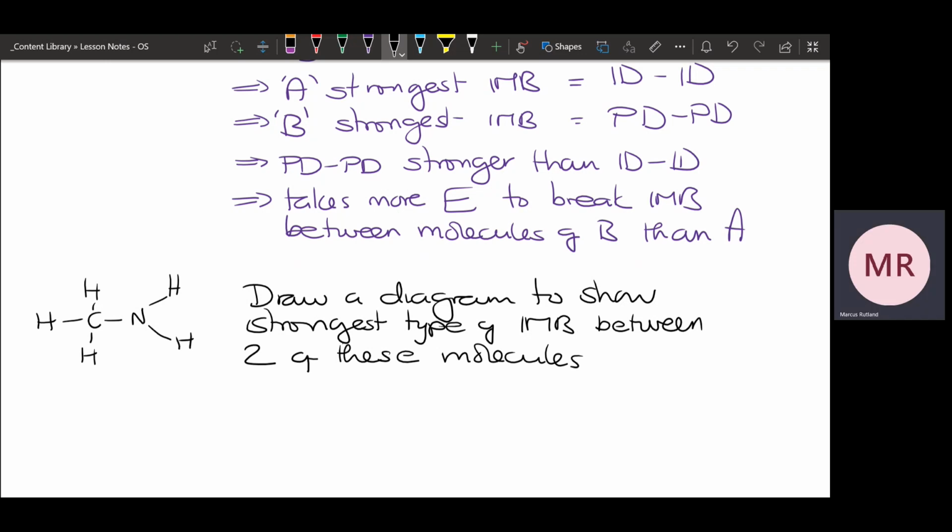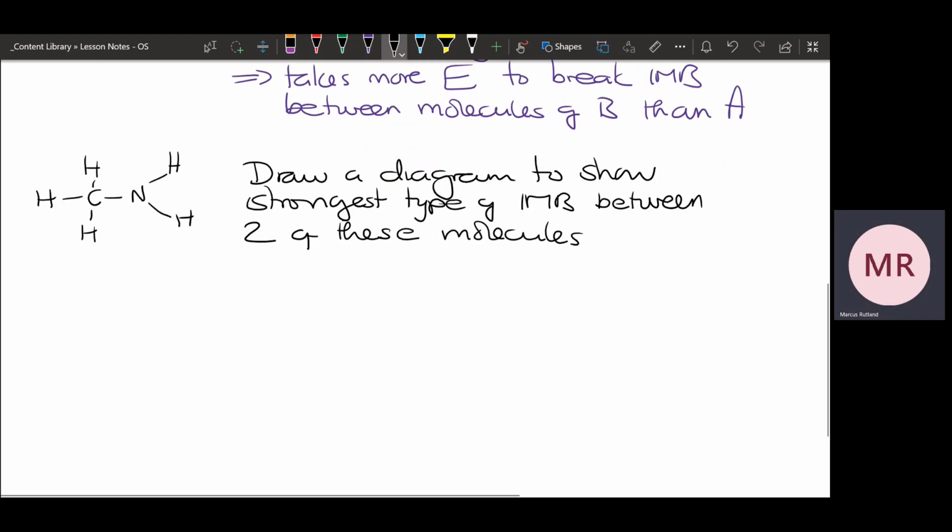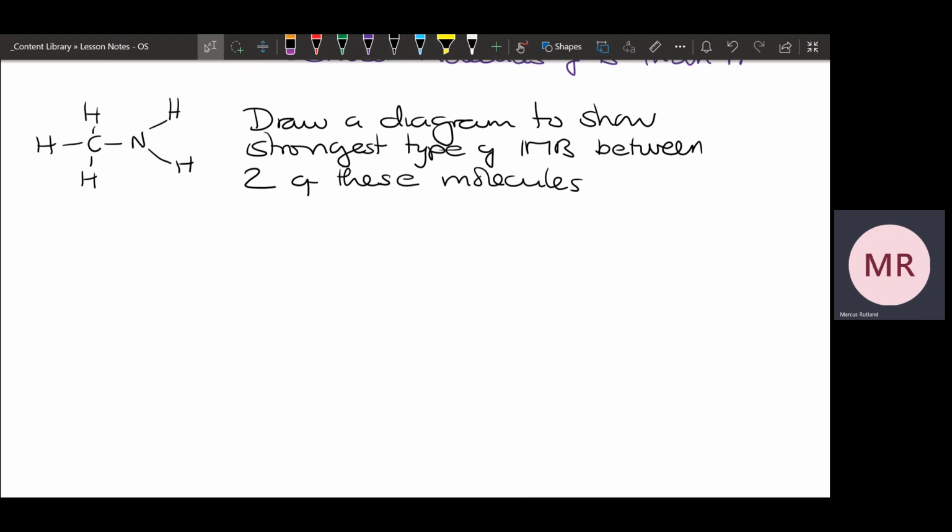So the different types of intermolecular bonding involve different diagrams. Have a think. What is the strongest type of intermolecular bonding between two molecules like that? And how would you draw that diagram? Pause the video, have a go.